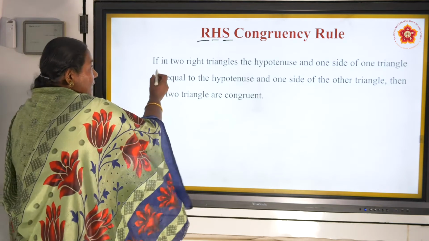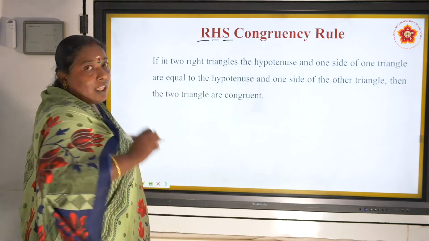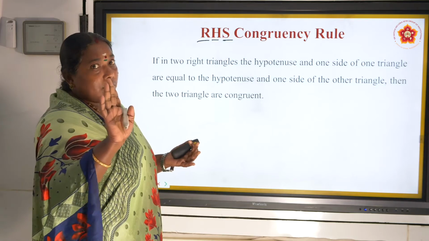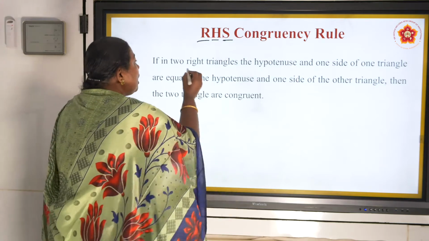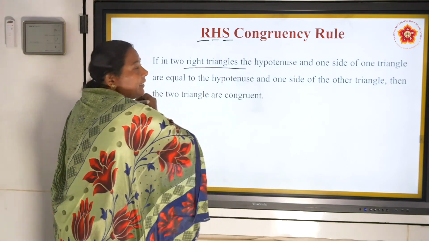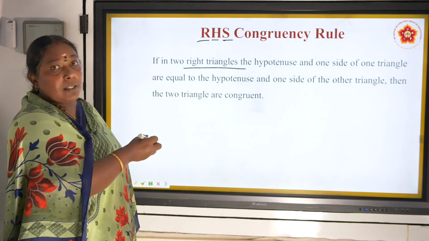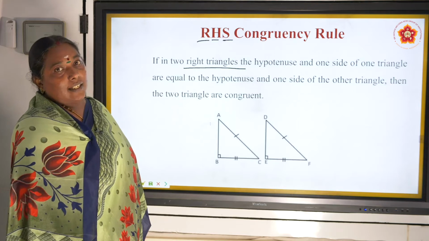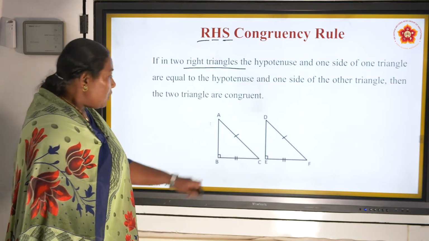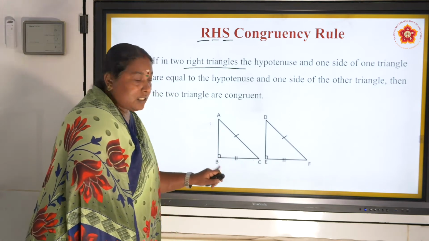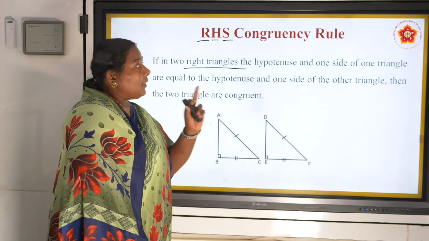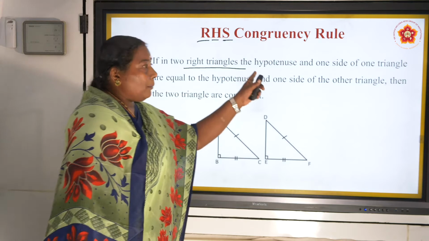Okay? In two right triangles, they didn't give the angle as 90 degree. They didn't give, but indirectly they have given two right triangles. Right triangles means immediately we must draw two right angled triangles. Okay, so we have two right angled triangles, one right angled at B and another one right angled at E. And then what they are telling, the hypotenuse.